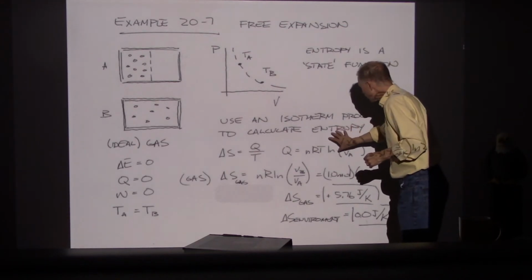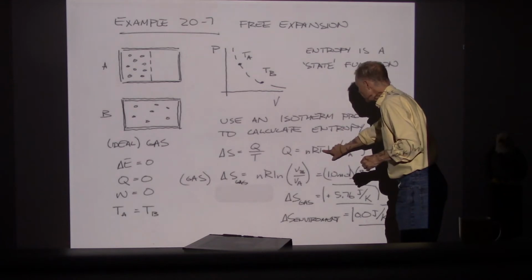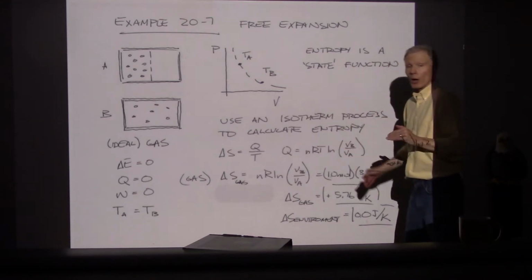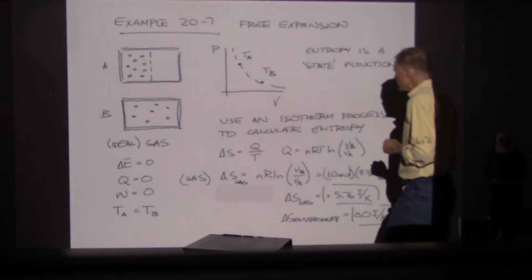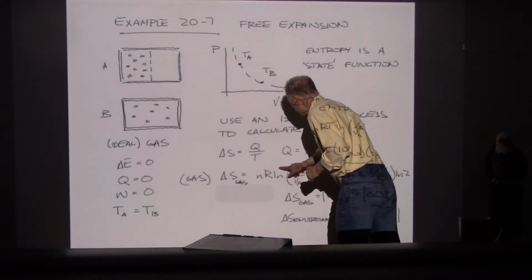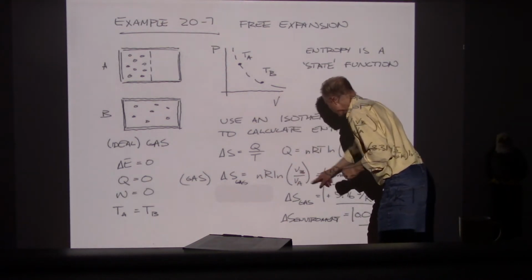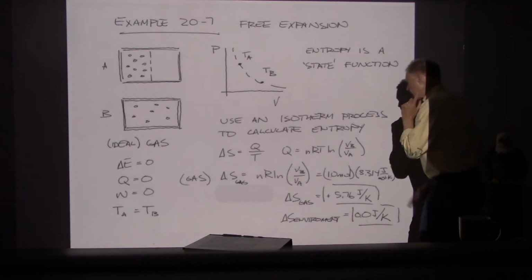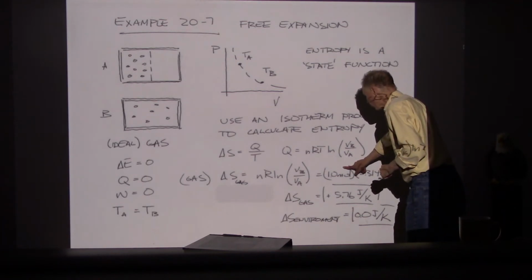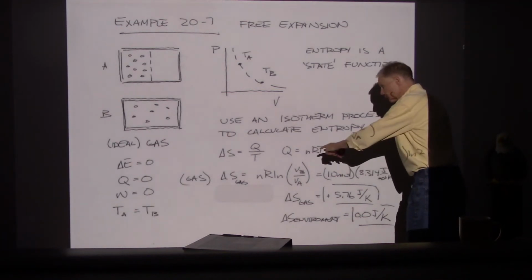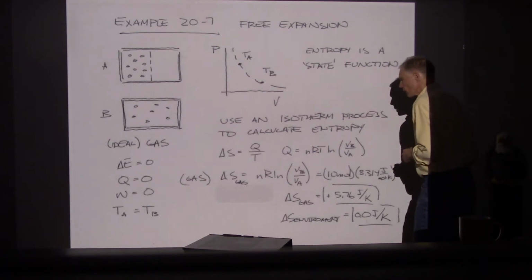When I take the Q formula and divide through by T, the T's are gone. And the entropy then is nR ln VB over VA. Now it said calculate this for 1 mole. So that's the formula. So there really is an entropy change.